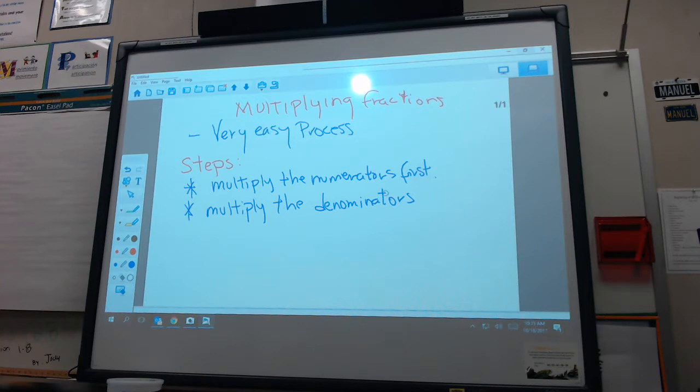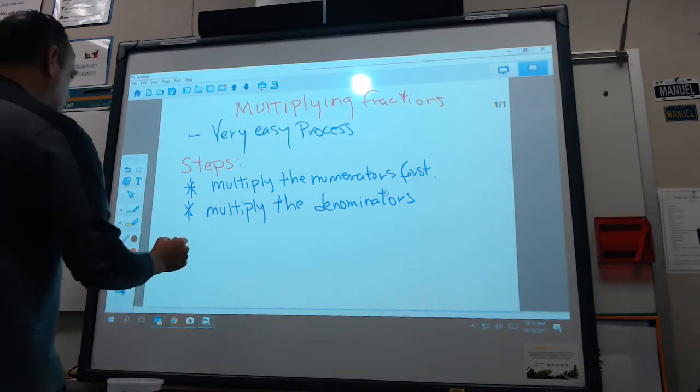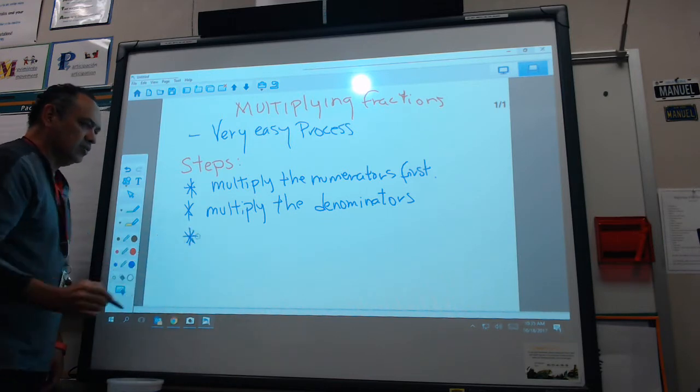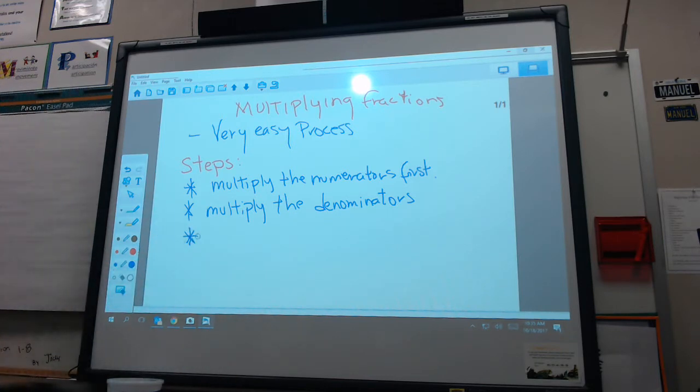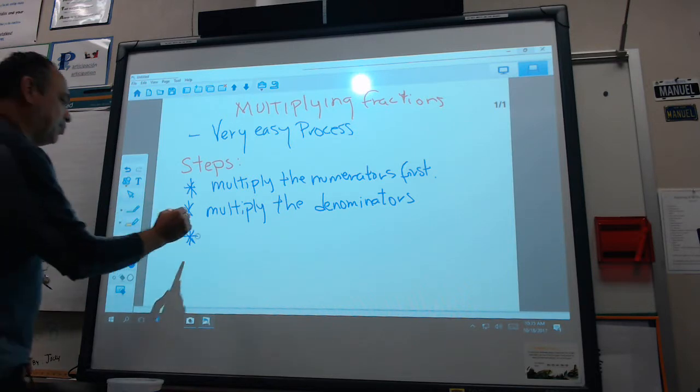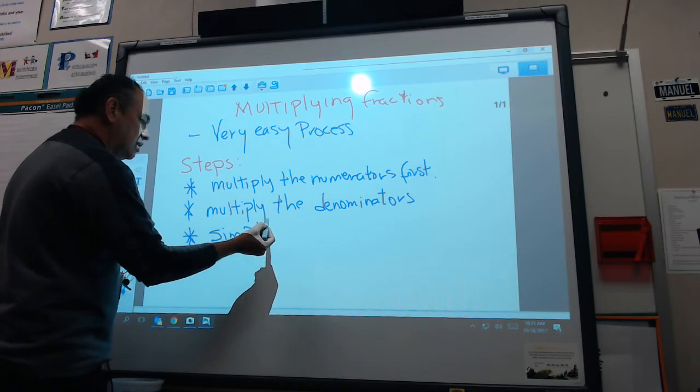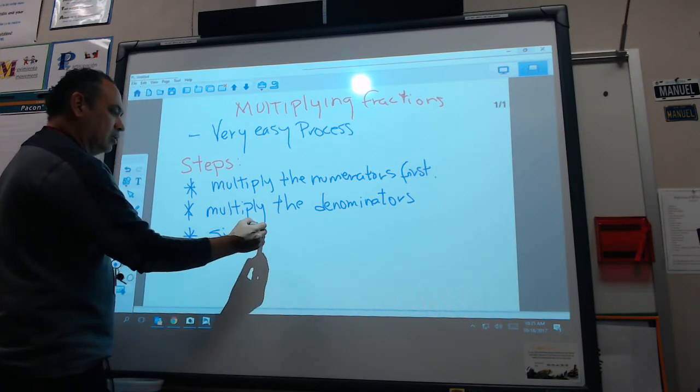All right, so the next thing that we're going to do is, guess what? What would be the next step? No, we're not going to add, because we multiply. What do we do when we get the answer? Simplify. Thank you. What is the answer of multiplication called?